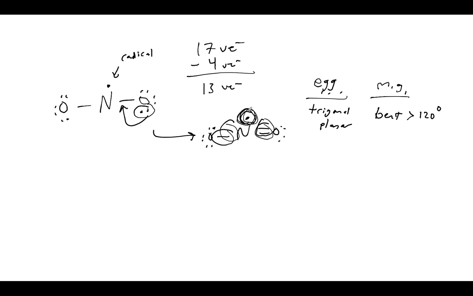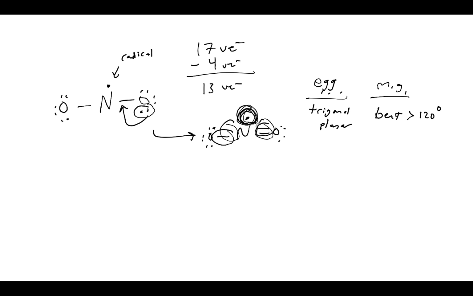Because we have less electron-electron repulsion going on there, the molecule can expand a little bit, and the angles aren't so tight, so to speak. Okay, so certainly NO2 fits the bill.